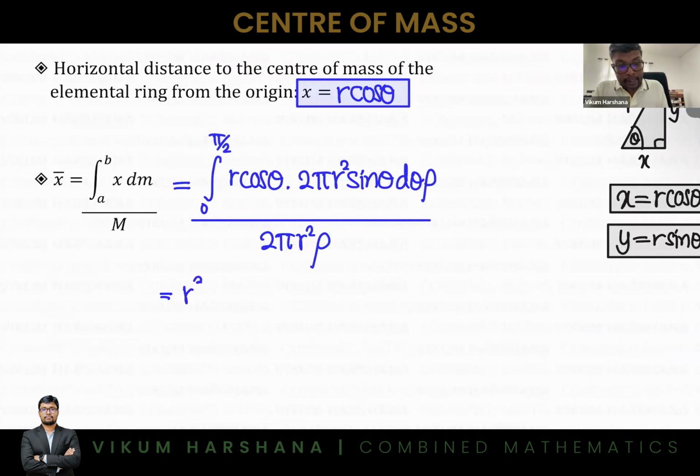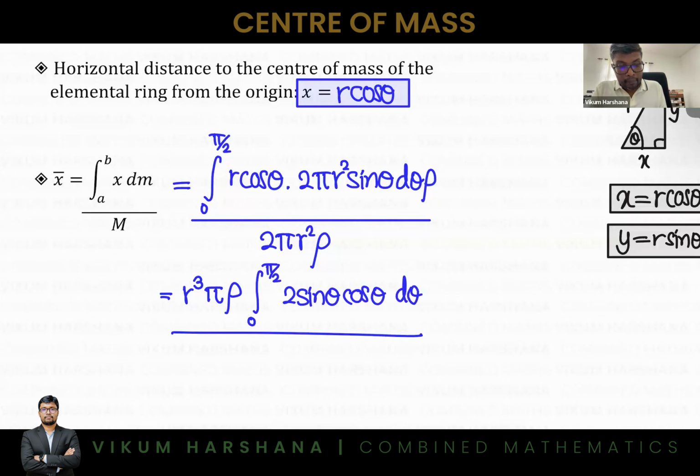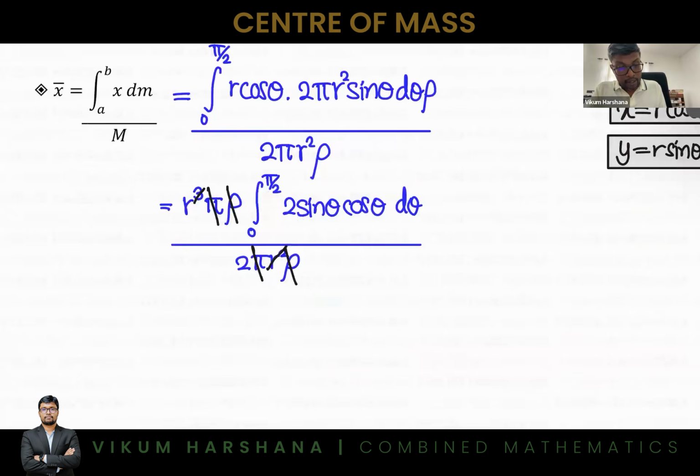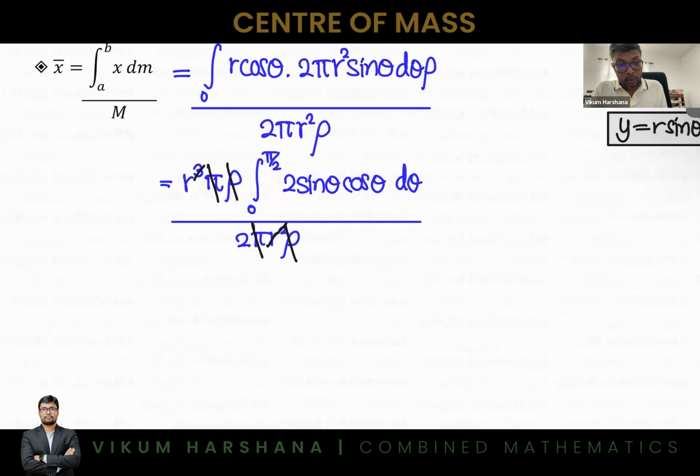So r cube is coming out, pi is coming out, rho is coming out, but 2 sine theta cos theta d theta will be there. Then divided by 2 pi r squared rho. Now look at this. Pi cuts pi, rho cuts rho, r squared cuts r squared. So you will have r over 2 here.